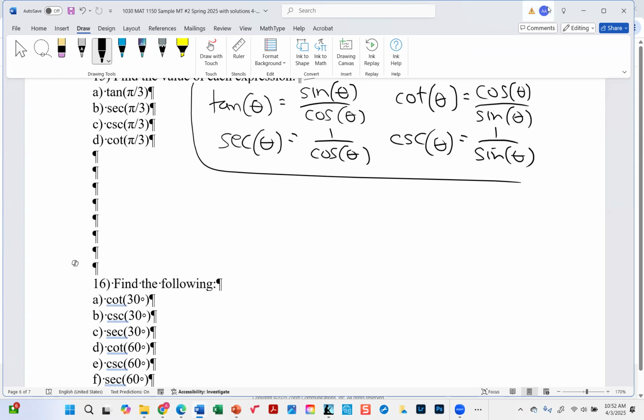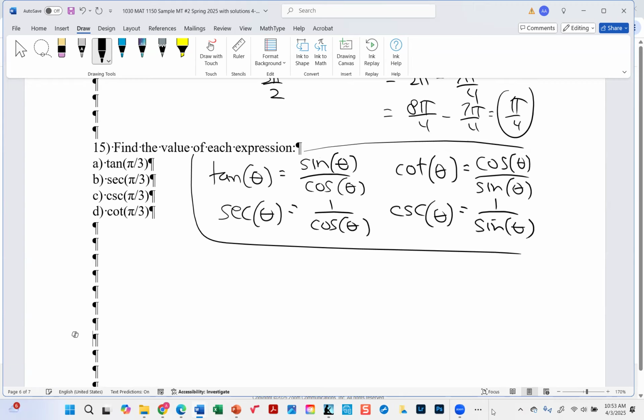All right. So anyway, what do I mean by that? Let's start with tangent pi over 3. Luckily, your calculator does have the tangent button, but first things first.